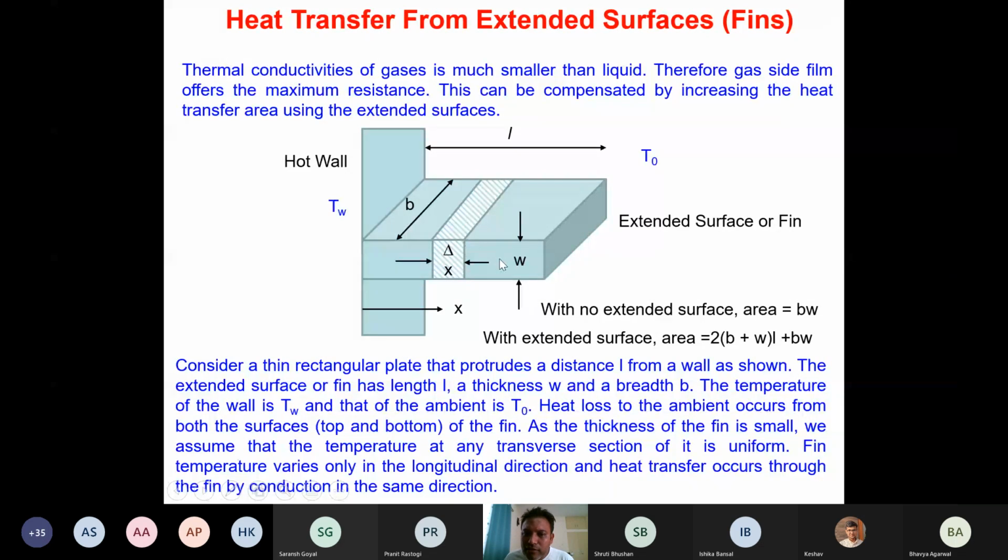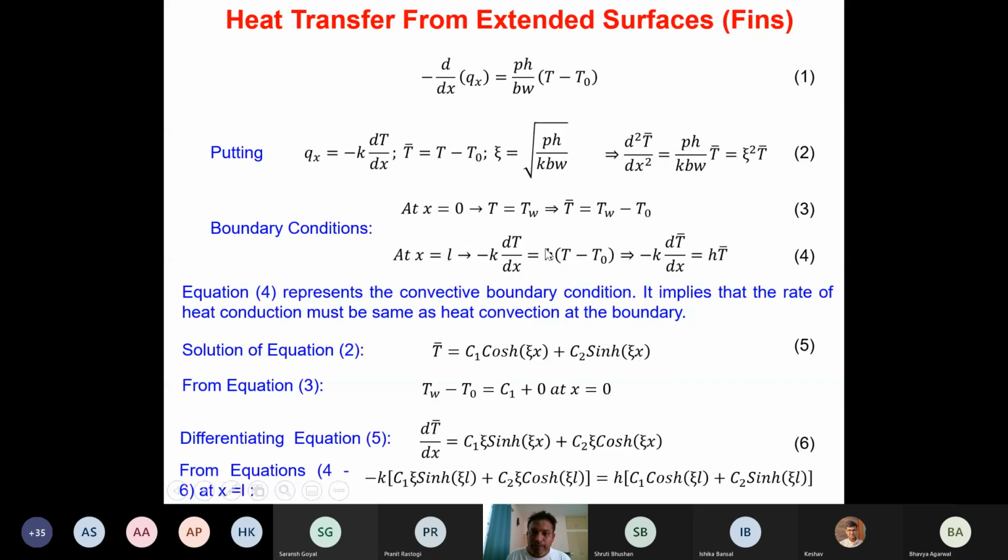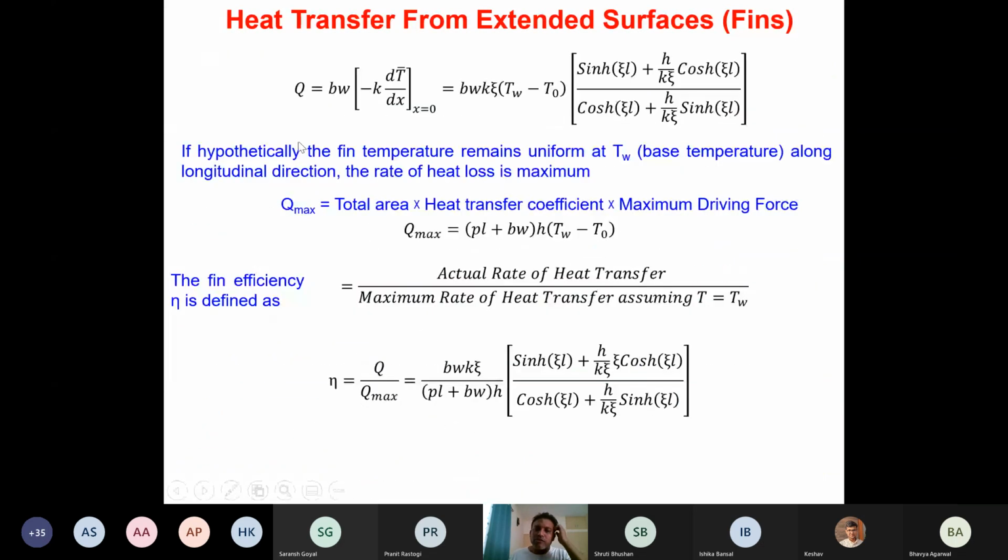The cross-sectional area of this is not exposed to the ambient. But when we look at the end of this fin, this particular surface is also exposed to the ambient, and therefore BW is also counted. So that is why PL plus BW is accounted here into H (TW minus T naught).